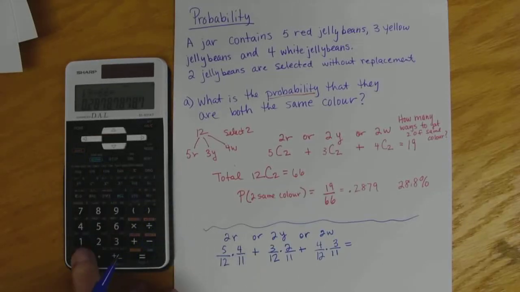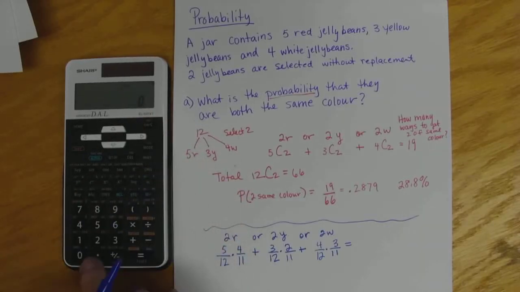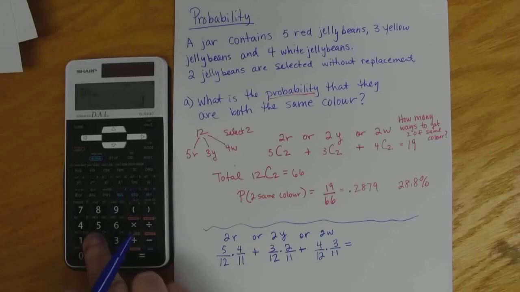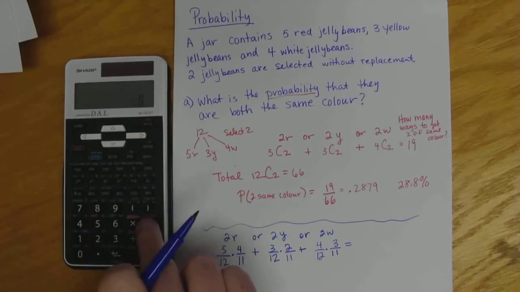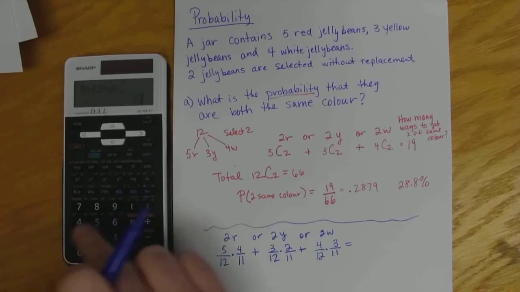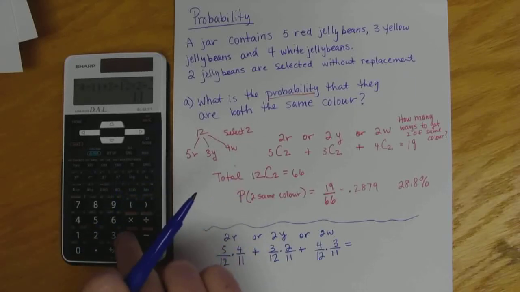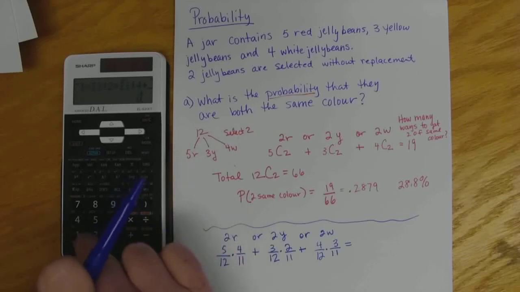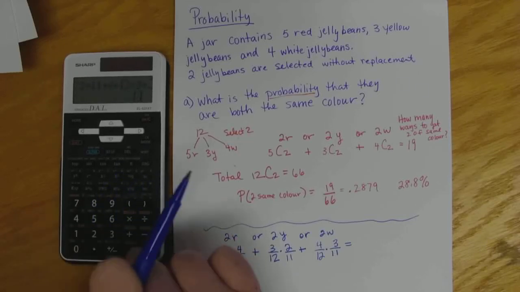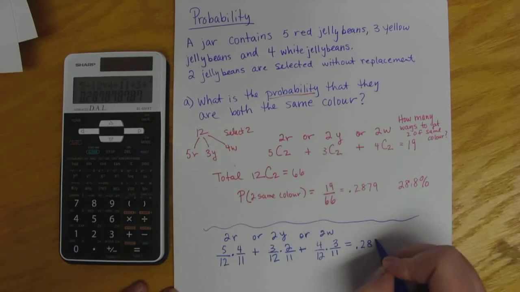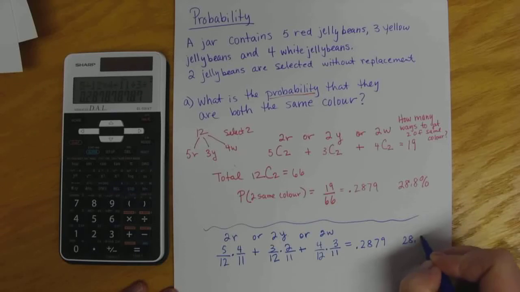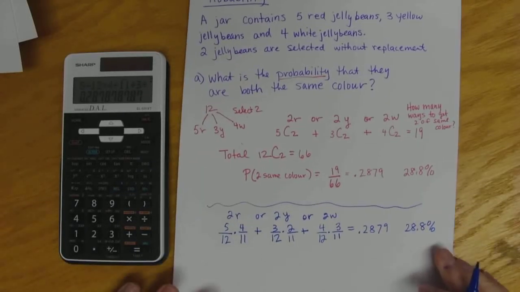Now if we do this calculation, actually I'll type it all out, so 5 divided by 12 times 4 divided by 11 plus 3 divided by 12, oh, I already messed that up. Okay, and you notice we get the same thing.